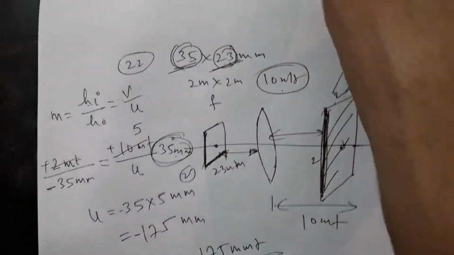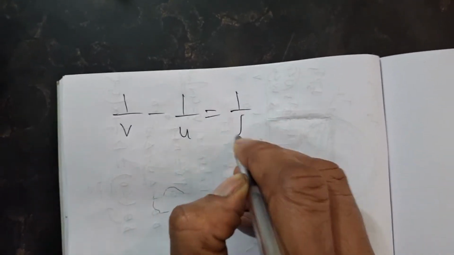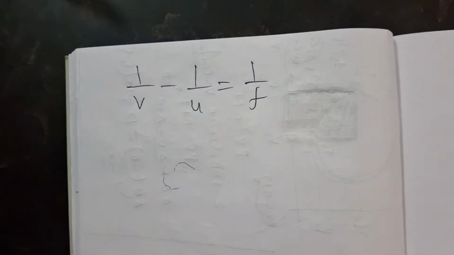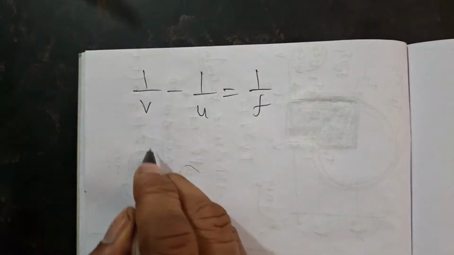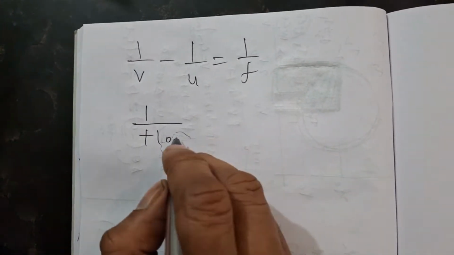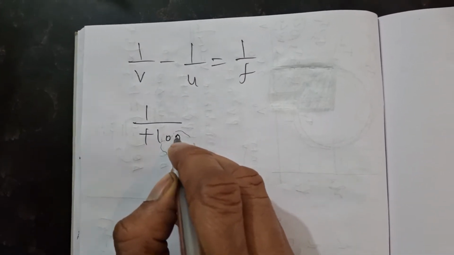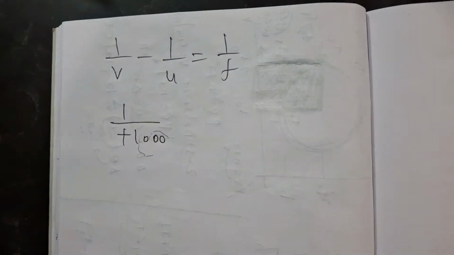Now apply the lens formula: 1 by v minus 1 by u equals 1 by f. You already evaluated v, plus 10 meter. Focal length is given in which unit?